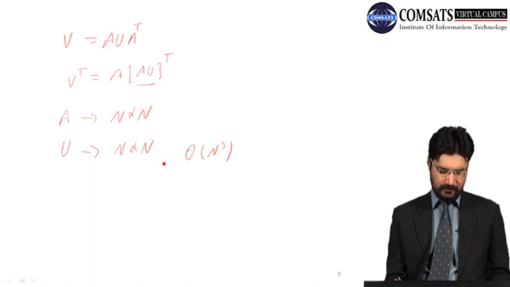So now this is the order that we get, because A and U are N by N dimensions.